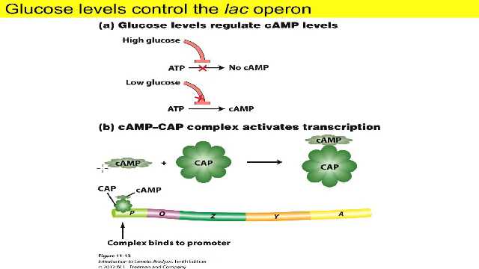The second half of the slide shows us the relationship between the cyclic AMP and the CAP protein. The cyclic AMP and the CAP bind together to produce the finished protein, which is able to then bind to the CAP binding site on or close to the promoter. In this case, it's shown sitting on the promoter, but in subsequent slides, we'll separate it and put it to the left as an assistant that helps RNA polymerase bind to the DNA.